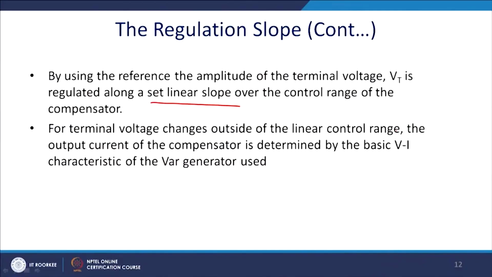By using this reference, the amplitude of the terminal voltage Vt is regulated at a linear slope over the control range of the compensator. For terminal voltages outside the linear control range, the output current of the compensator is defined by the basic VI characteristics of the var generator.